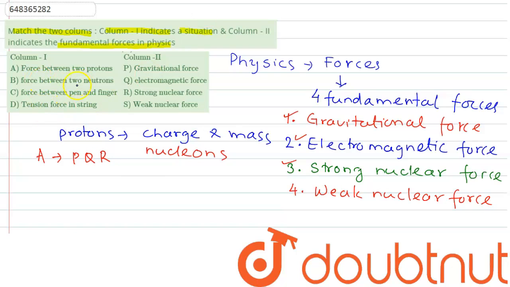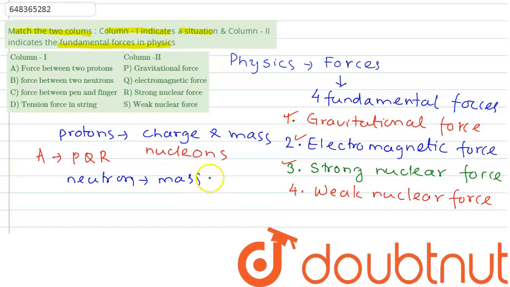Secondly, we have force between two neutrons. Neutrons, as we know, are chargeless, so there is no charge, only mass, and they are present in the nucleus. So they are nucleons.